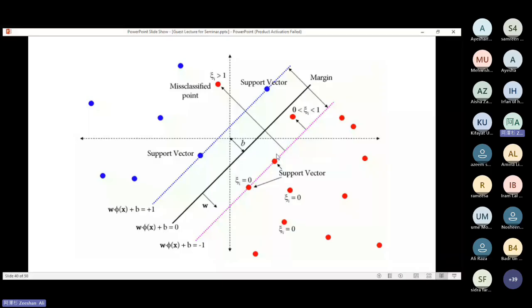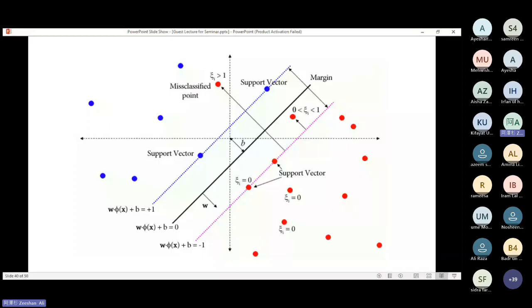If the points are located between the decision boundaries, it means that psi lies between 0 and 1. But if the point is in the other category, psi will be greater than 1. It means that this point is a misclassified point. So how will we deal with these points? With the help of the support vector machine, we will increase the distance between these points to find the solution.